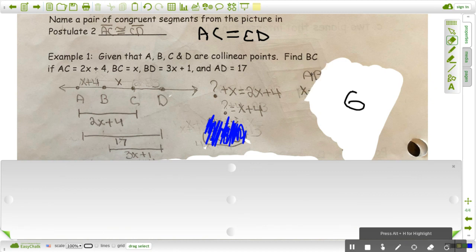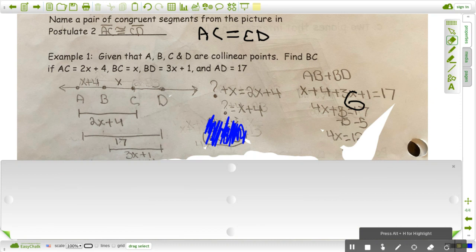Next, to find the length of BC, first what you would do is take AB, the length of AB, plus the length of BD, and you would plug it in. So it would be x plus 4 plus 3x plus 1 equals 17, because that's the entire value.